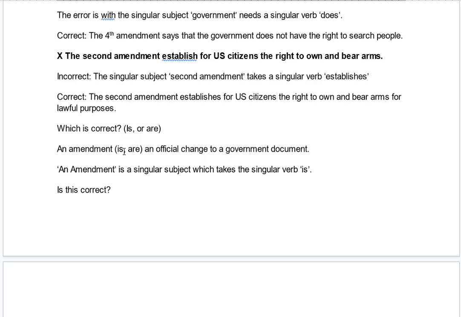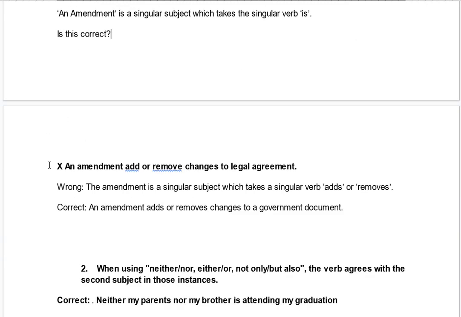So you would have: an amendment is an official change to. If I say some amendments, then you would say are. So here, an amendment, meaning one amendment, add or remove changes to legal documents. Well, this is wrong, because an amendment is a singular subject, so you need a singular verb: adds or removes.